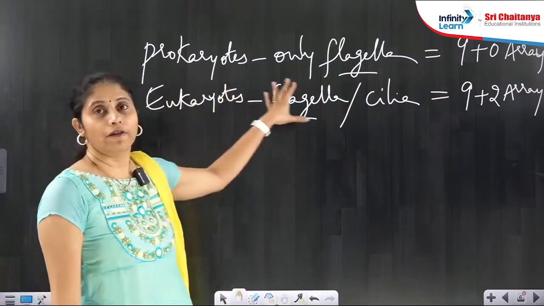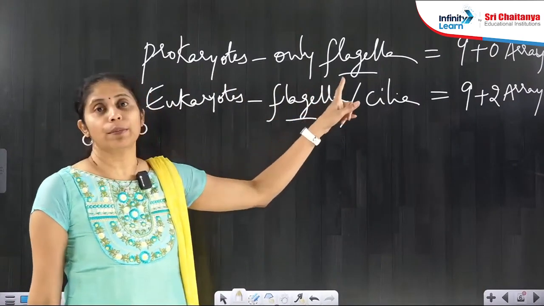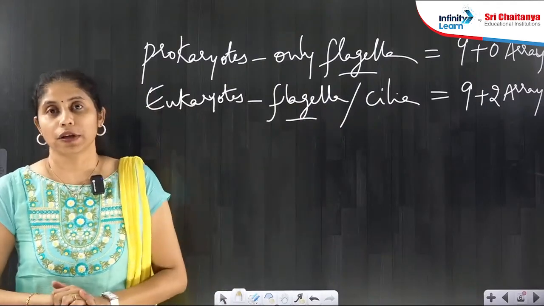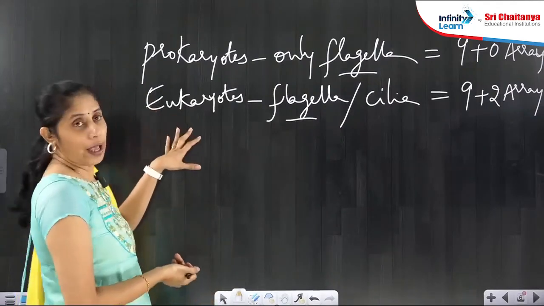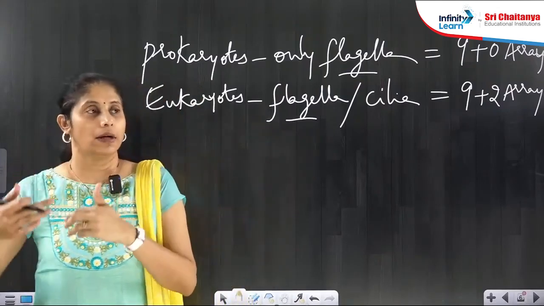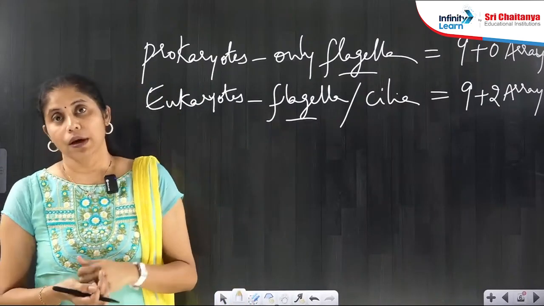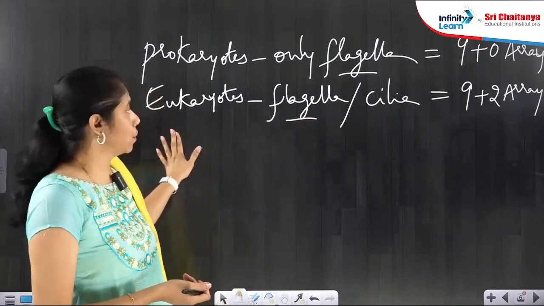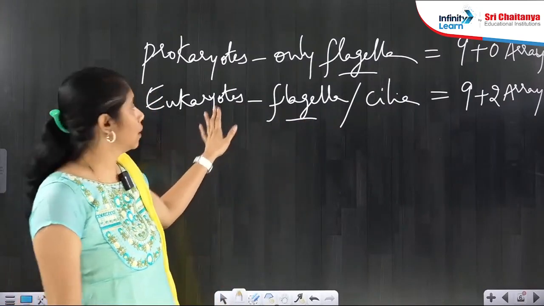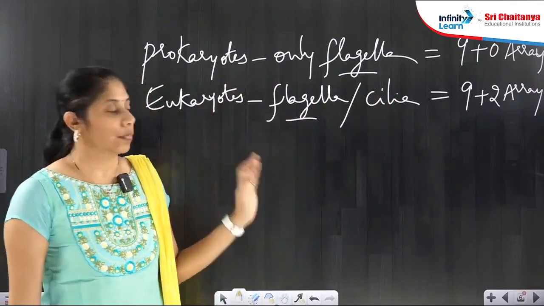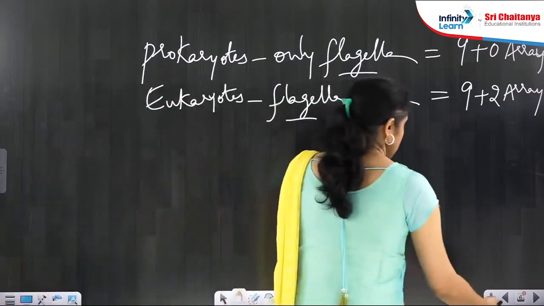So, prokaryotic flagella have the 9+0 arrangement, that means the central microtubules are not there. Whereas eukaryotic flagella have a 9+2 arrangement, 9 doublets of peripheral microtubules and 2 central microtubules. So, 9+2 array in eukaryotic flagella or cilia, whereas in prokaryotic flagella 9+0. Central microtubules are absent.